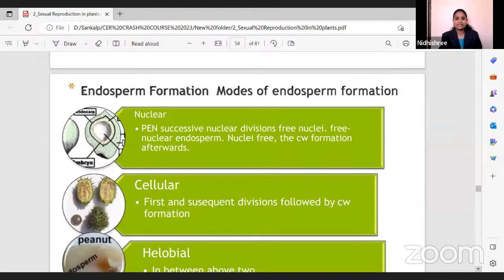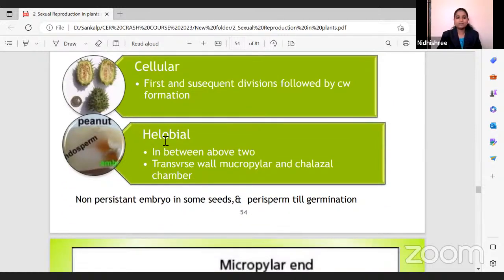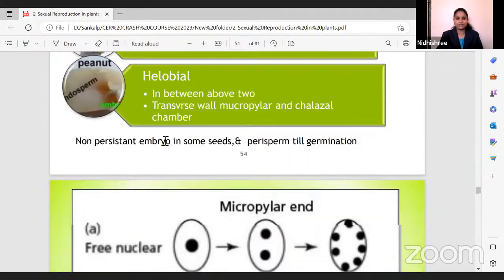The primary endosperm nucleus successively undergoes nuclear division where more nuclei are formed. In free nuclear endosperm, the nuclei will be free. Then in cellular endosperm formation, the first and subsequent divisions are followed by cell wall formation. In between there is the helobial type, with both nuclear and cell wall formation.